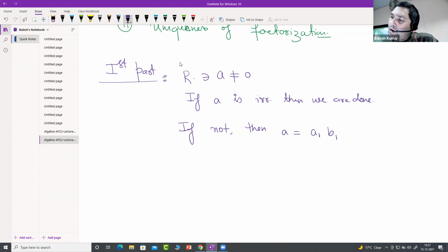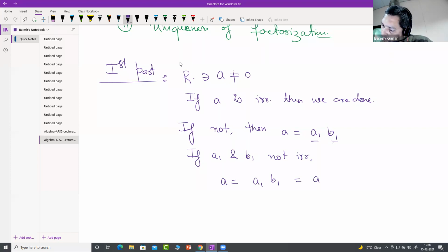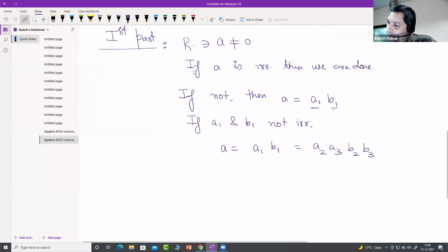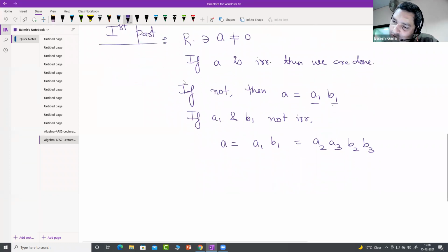And if at least one of A1 and B1 is not irreducible, then we can again factor each into further factors, so that A is A1 B1, and A1, for example, is factored into A2 A3, and B1 factors into say B2 B3. Then again one continues this process.